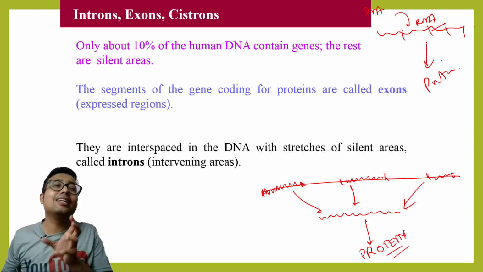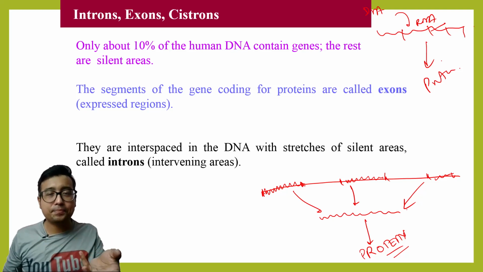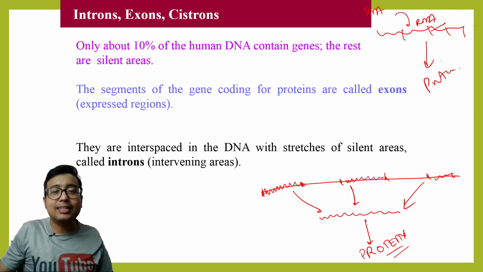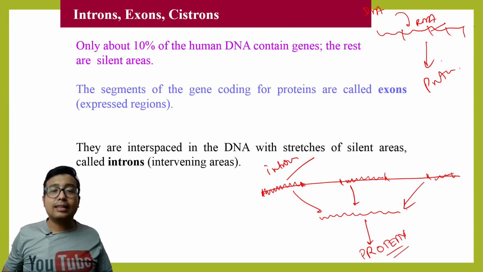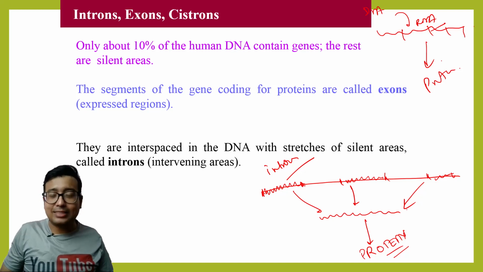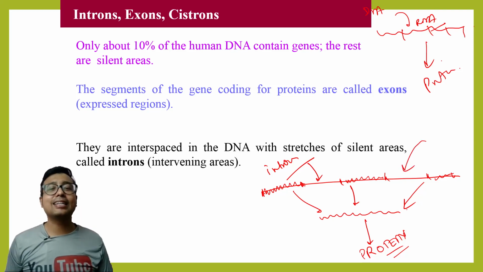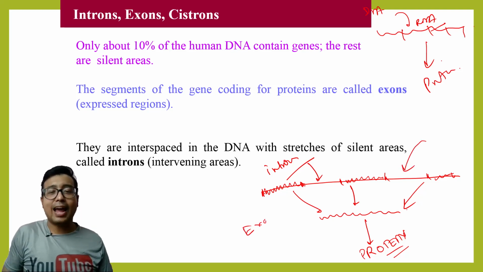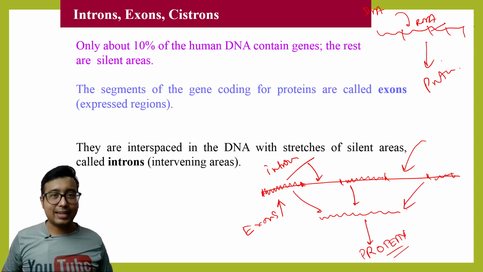So these areas from which ultimately the final mRNA information is available, these are known as exons. And the rest are introns. I'm so sorry, I misspoke earlier. Introns are the silent areas, and the active areas are the exons.